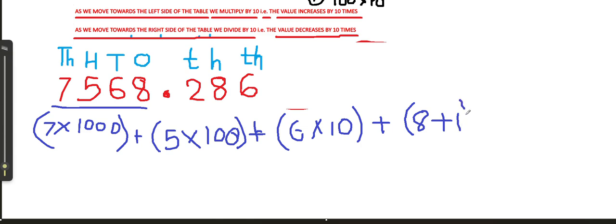We are done with the whole number part. Now we are going to deal with the decimal or the fractional part. I'm going to merge this together. I am going to put a plus sign over here just because I am merging the two parts.